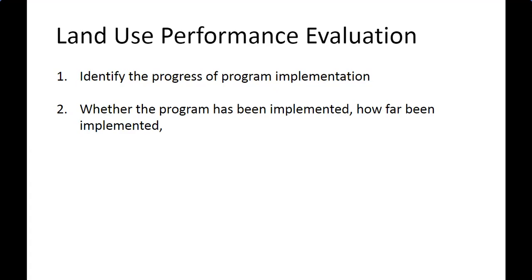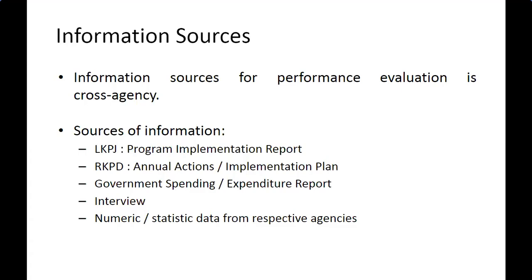So the first principal thing about performance evaluation is we identify the progress of program implementation. How far we implement the project, the programs, how many percent the program runs, and other information that we can collect regarding the process of the implementation, and to get the information about how far the development projects, the land use control, and other elements of planning are being implemented.